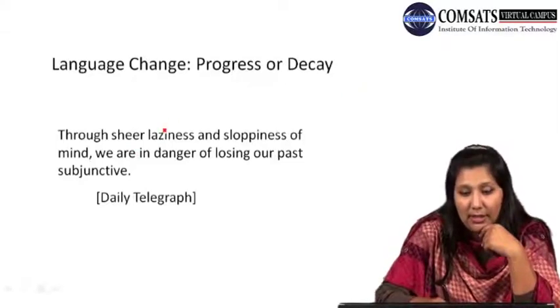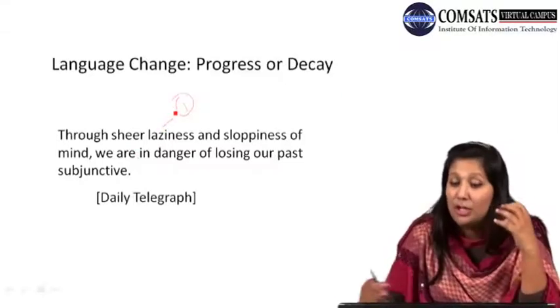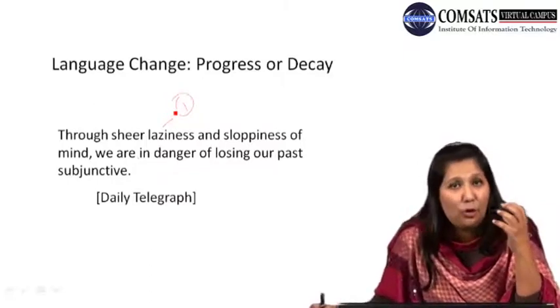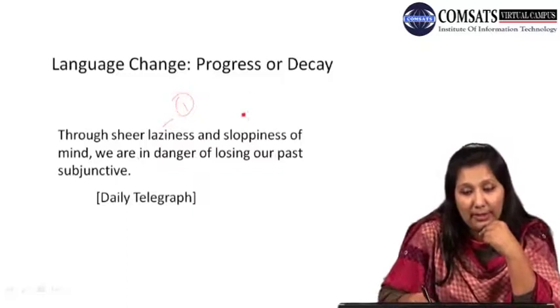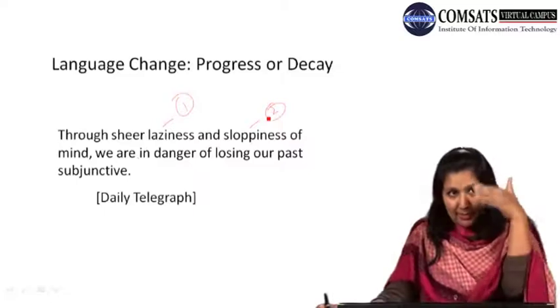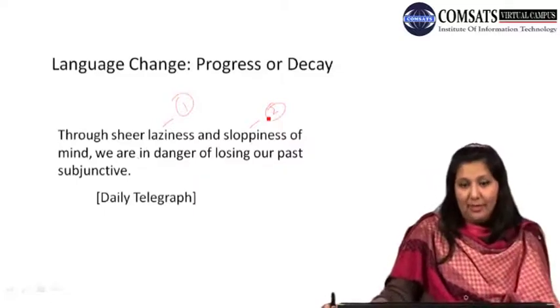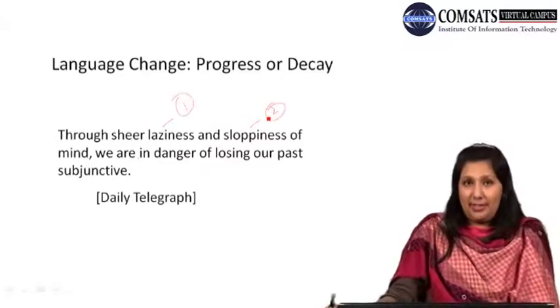The first reason is sheer laziness, a complete laziness. And the second is sloppiness, that there is something sloppy in our mind. We are in danger of losing our past.